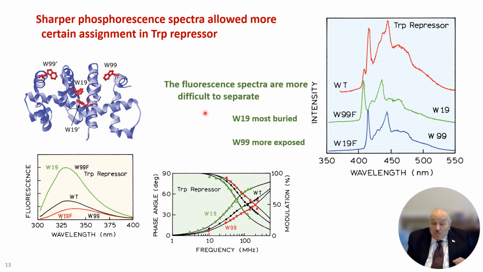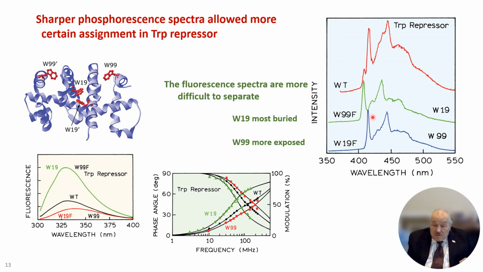But one of the ways they were identified was from the phosphorescence spectra, because a certain phosphorescence spectrum was observed for the wild type protein with two tryptophans, and two different phosphorescence spectra were observed for the mono-tryptophan proteins.